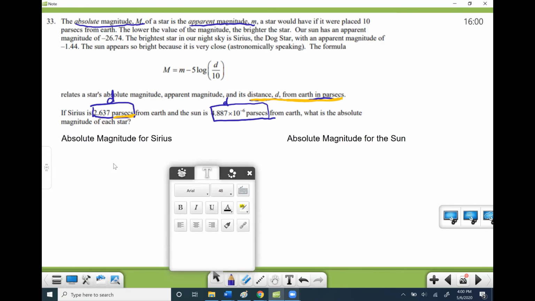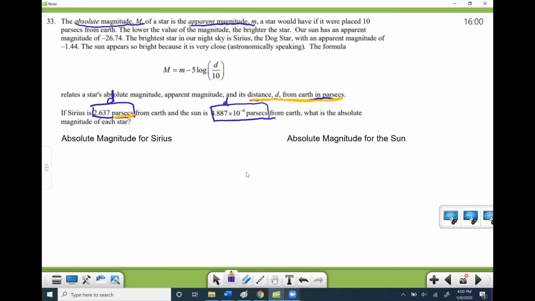Let's fill in our formula. We now know d is going to be 2.637. Now we need little m. If you go back up to the instructions, it says Sirius has an apparent magnitude of negative 1.44, so let's plug that in for little m. Go ahead and pull out your calculators.